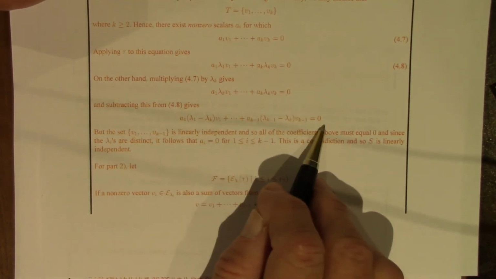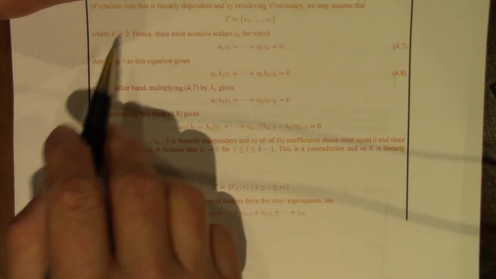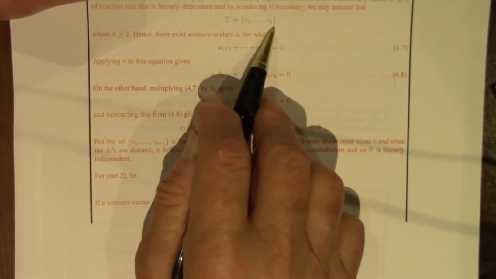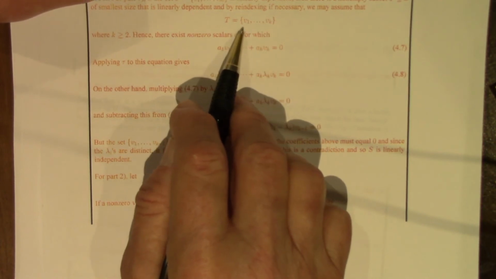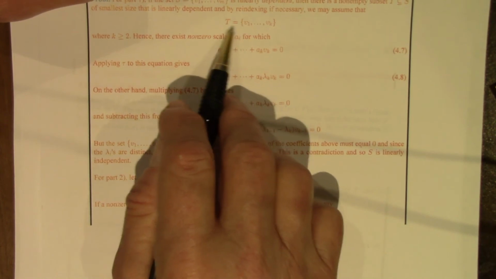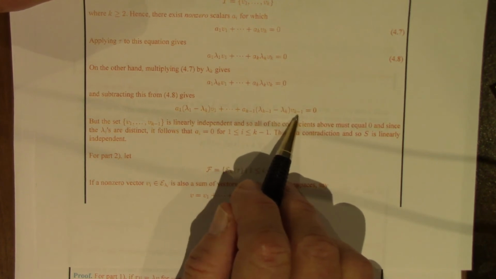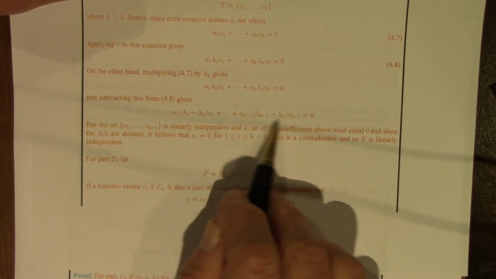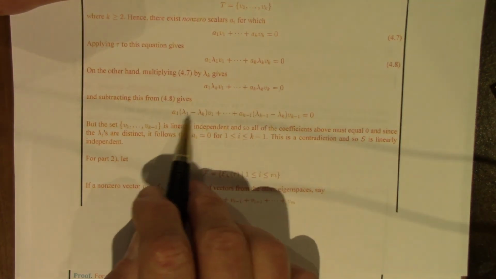And that gives us this equation. Now k is bigger than or equal to 2 because this is a linearly dependent set. Singletons are not linearly dependent unless it's the zero vector, but these are eigenvectors, so we don't have any zero vectors. So k minus 1 is at least equal to 1. It's 1 or bigger. So this difference hasn't totally disappeared.